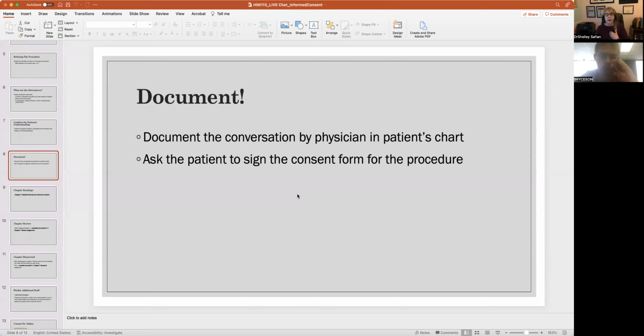And you might say, well, why is it my job to protect that doctor from malpractice? Well, it is and it isn't. It is because it protects the entire facility. You know the old saying, no man is an island and no woman is an island. No doctor is an island.